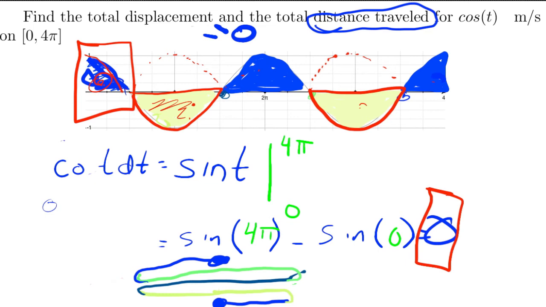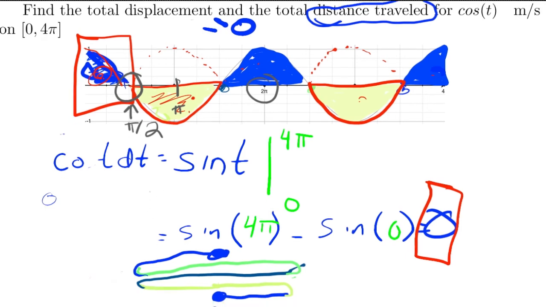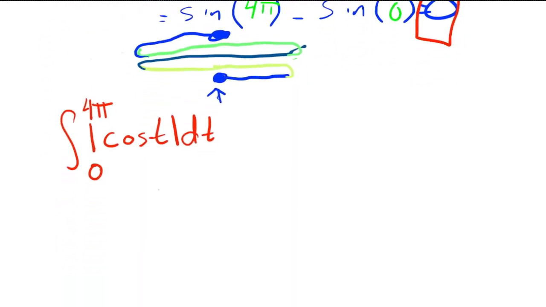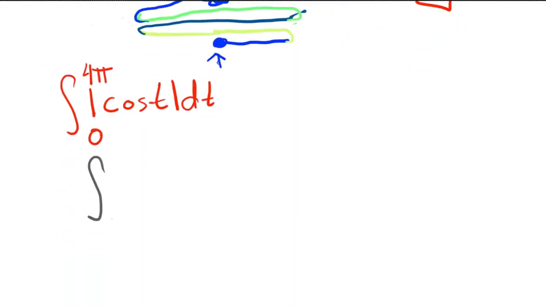So notice this is 2 pi, right here is pi, and this right here is pi over 2. So if I find the integral from 0 to pi over 2 of cosine, now this isn't the only way to do it, but this is one way.